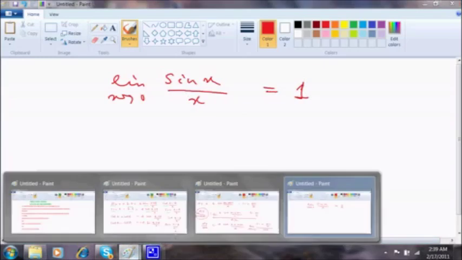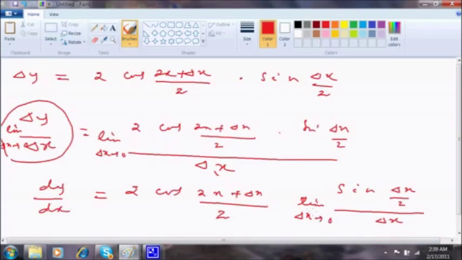So here what I had is delta x tends to 0. So there is a delta x by 2. What I'll do is I'll divide by a 2. That means I'm dividing actually both sides by 2. 0 by 2 is 0. So limit delta x by 2 tends to 0. And there is a delta x by 2. So I must have a quantity delta x by 2. So I'll multiply and divide by a 2.